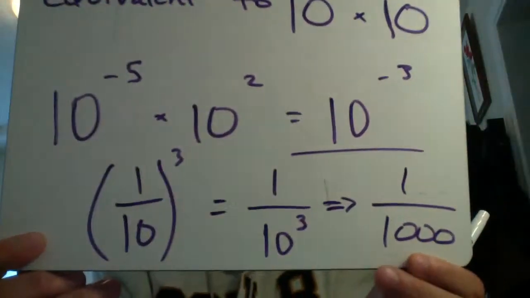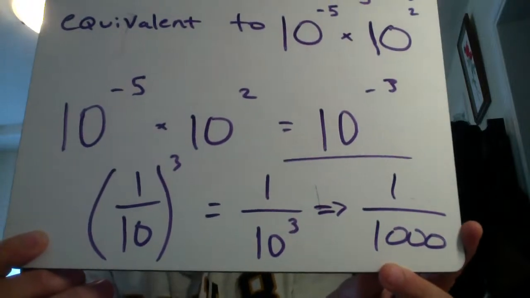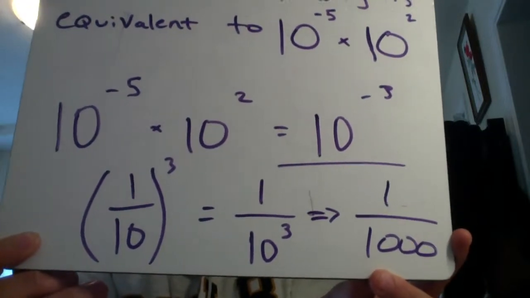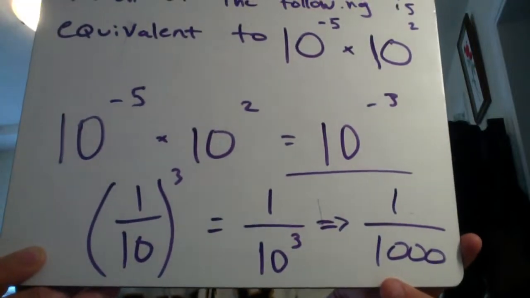Yeah, D works. 1 over 10 to the third power is the same thing as 1 over 1,000.